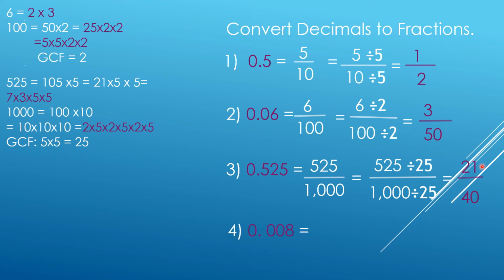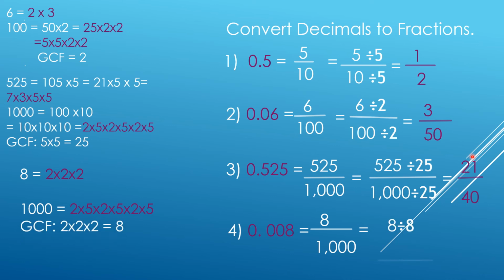Now, how about this one? 0.008, or 8 thousandths. Again, the place value of 8 is in the thousandths, so the denominator is 1,000 and the numerator is simply 8. The common factor here is 8, and you can refer to this.